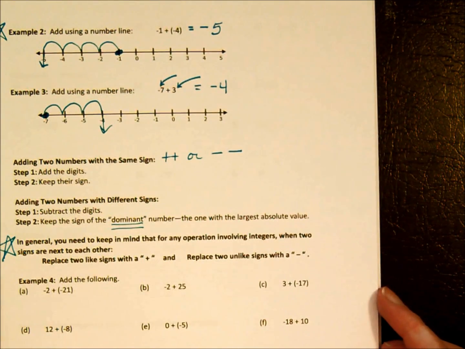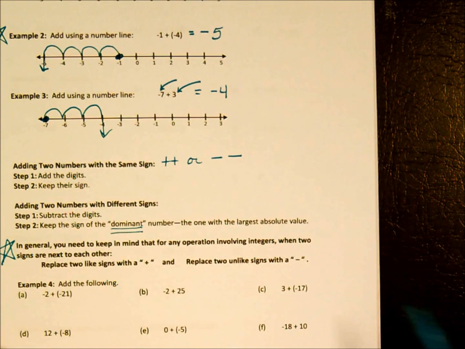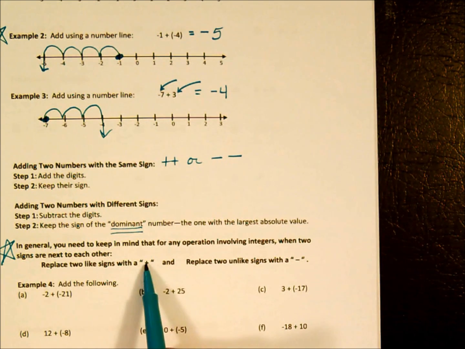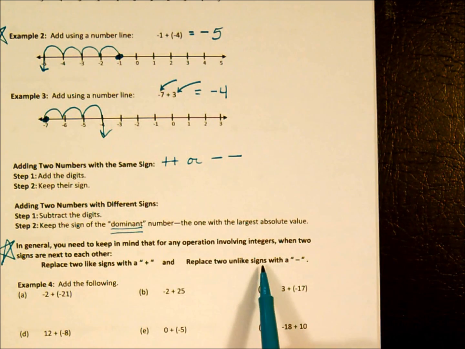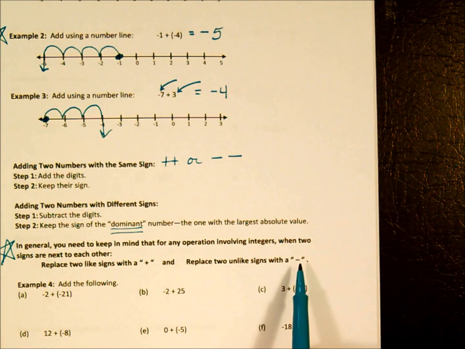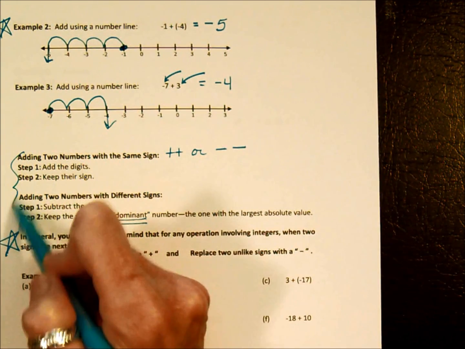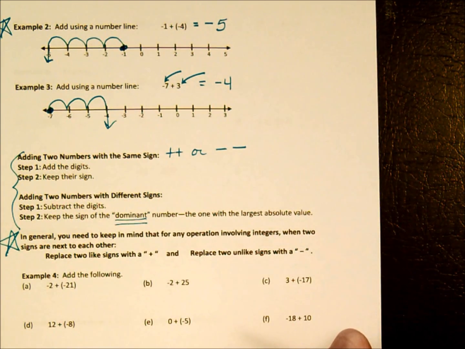If two signs are next to each other, two like signs become a positive, so plus, plus, or minus, minus, and two unlike signs become a negative. And that's going to help you, I think, more than these two rules. These two rules can be hard to keep track of.